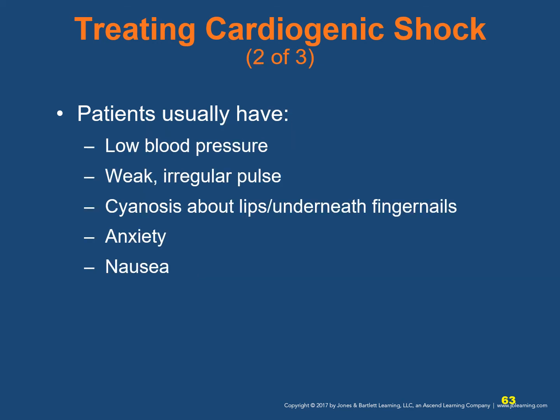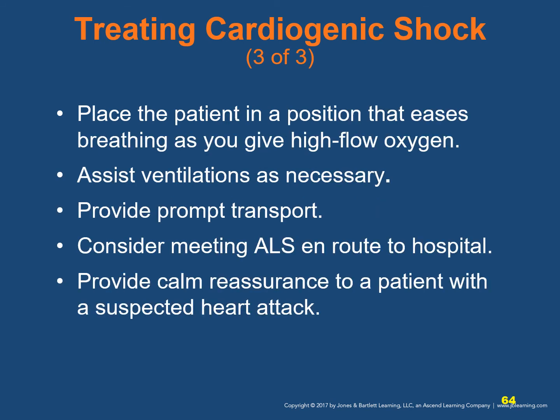Other signs and symptoms include weak, irregular pulse, cyanosis around the lips and underneath the fingernails, anxiety, and nausea. Place the patient in a position that eases breathing as you give high-flow oxygen. Assist ventilations as necessary and have suction nearby in case the patient vomits. Provide prompt transport.